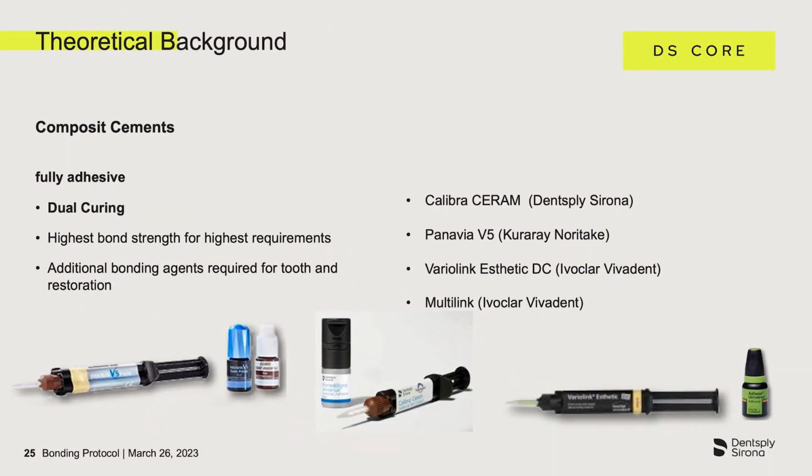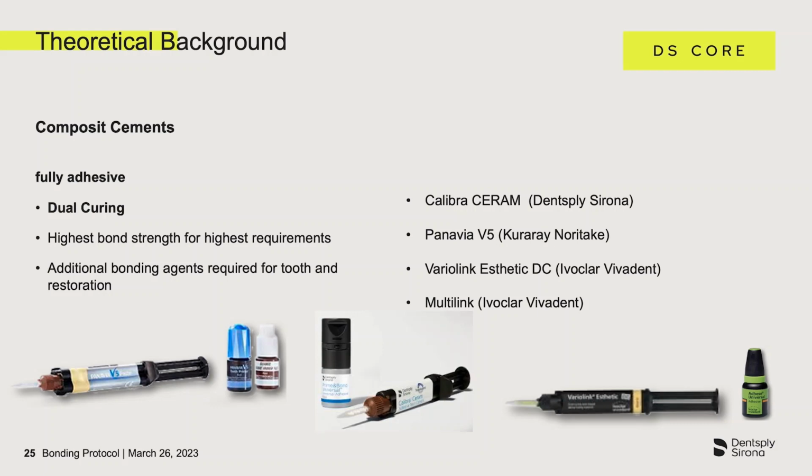Probably the most widely used group of fully adhesive composite cements are the dual curing composite cements. As already mentioned, they require additional bonding agents. These are common materials that we all know, such as Panavia V5 or Calibra Ceram, but also Variolink Esthetic or Multilink.